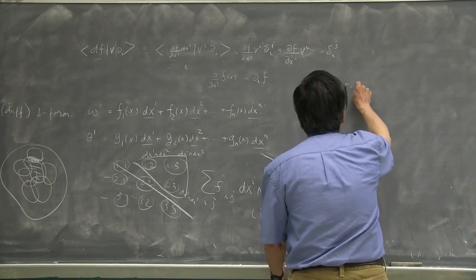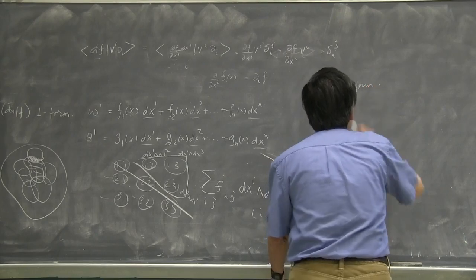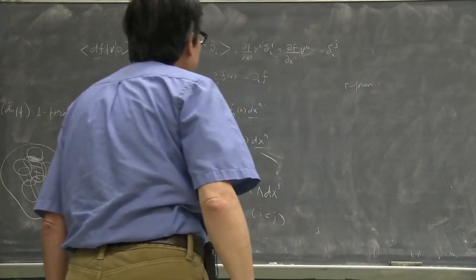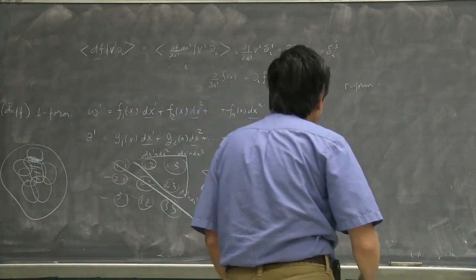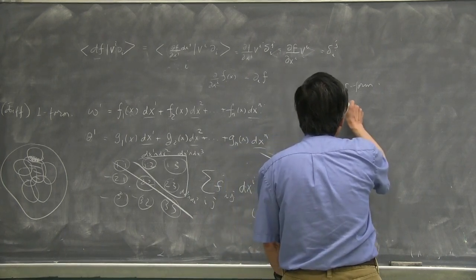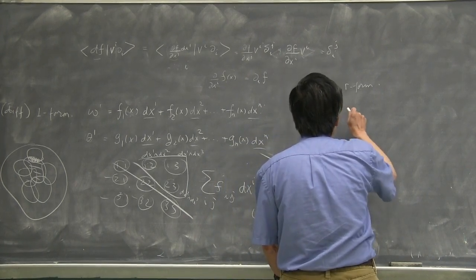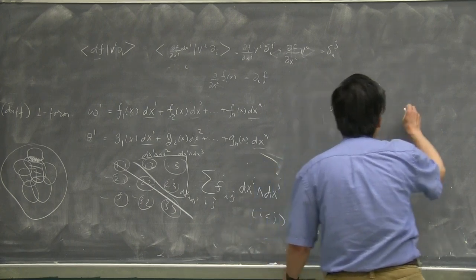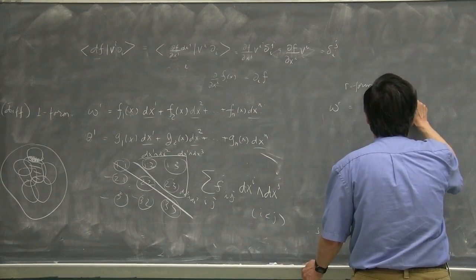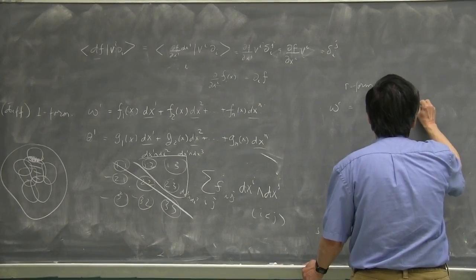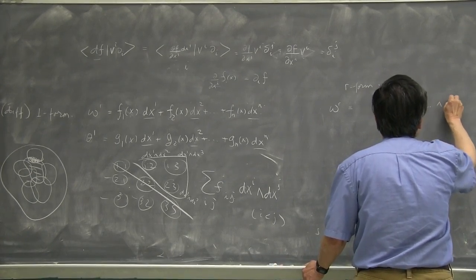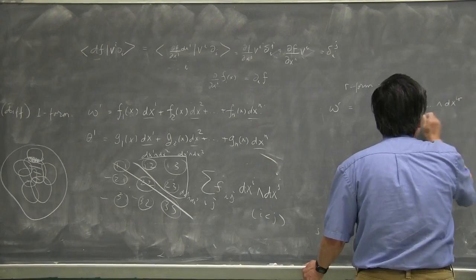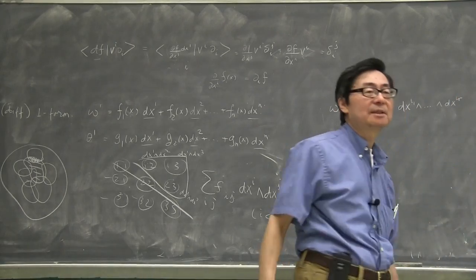Supposing I come in with an R form. An R form is written in general as, suppose that omega is an R form, dx i1 wedge through dx ir. There has to be R of these x's.